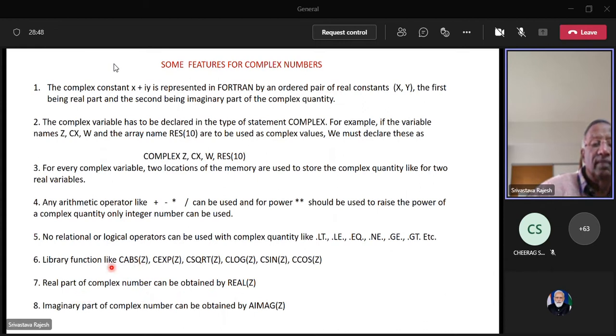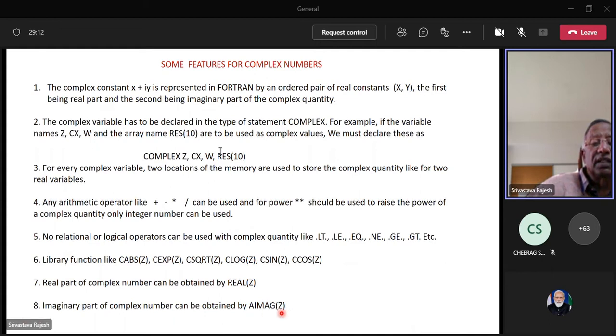Like if you want to check something, then just write, like if I write t is equal to REAL z, where z is complex, it will bring me t equal to the real part of z, the complex quantity.